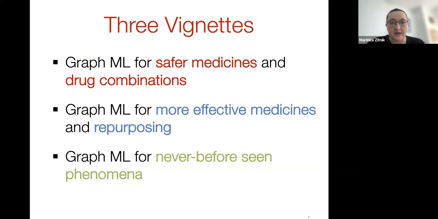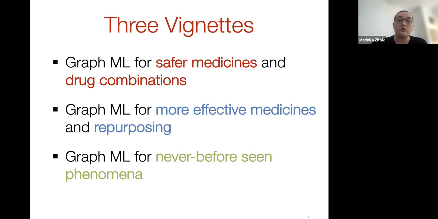biology and medicine. And so to this end, I will talk today about 3 vignettes. First, I will focus on the use of graph neural networks for predicting safer medicines and identifying safe drug combinations. Second, I will talk about graph neural networks for development of effective medicines and drug repurposing.